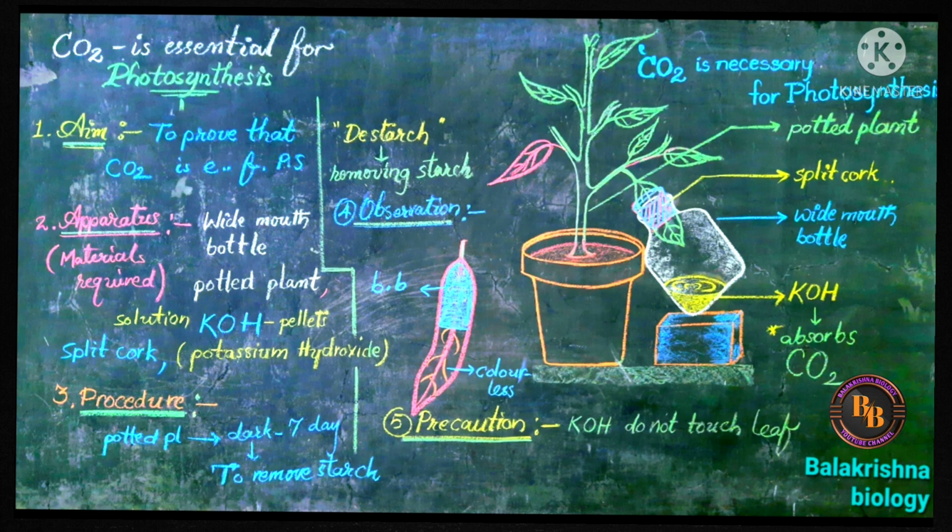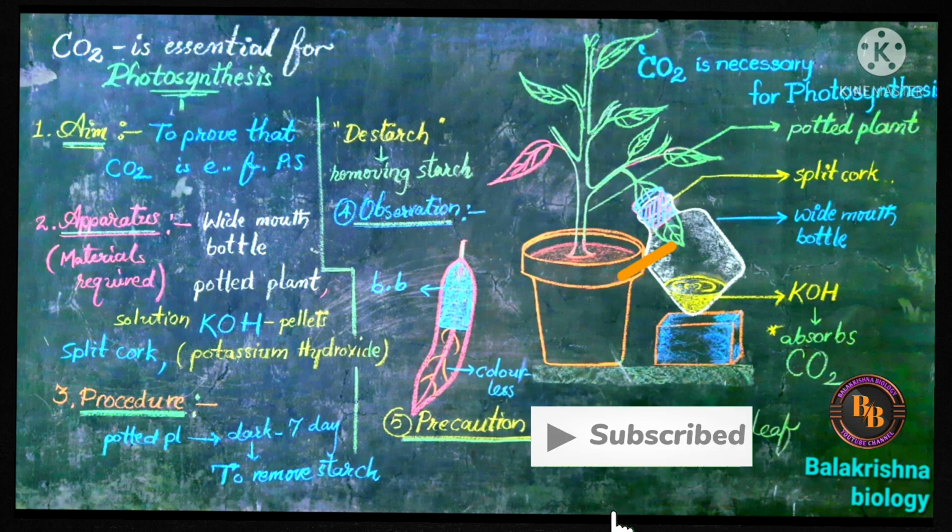After completion of the iodine test, we will notice that the outer portion of the leaf turned blue black. The inner portion, the leaf part present inside the glass bottle, doesn't turn blue black, means it is colorless. I repeat again, half of the leaf outside the glass bottle turned blue black after the iodine test.